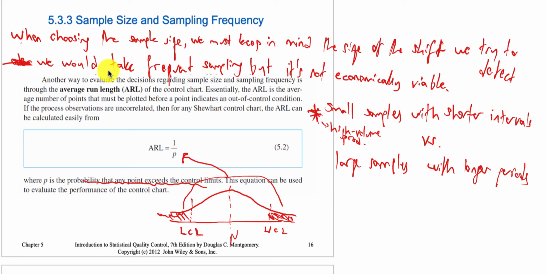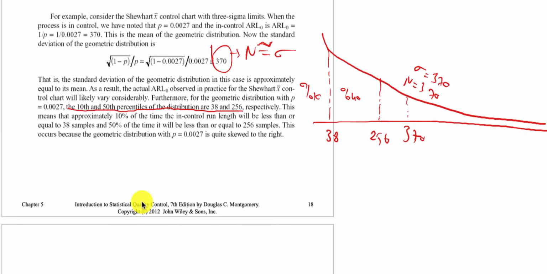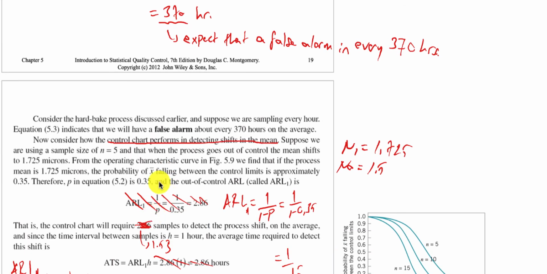Okay, and to determine the sample size and the sampling frequency, we can take into consideration some terms. These are just the considerations. Average run length is one of them. We are going to have two average run length values. The first one, the average run length null, is the average run length for the in statistical control situation, and average run length one will be for the out of control situations.